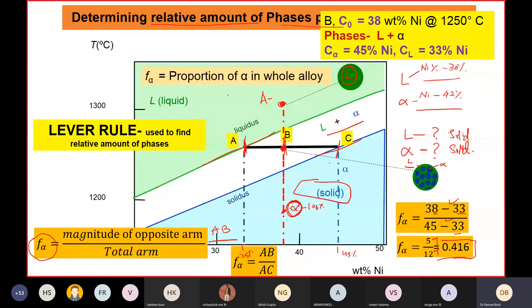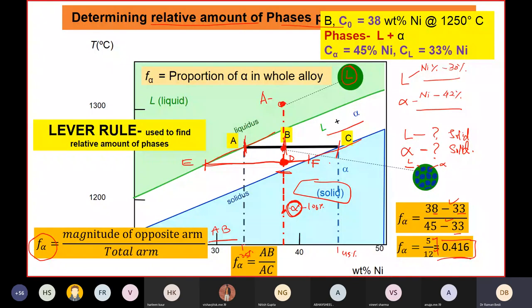So it can be easily seen that if you move downwards from B toward the solidus line, and if you have the constitution point here, if I say it is point D, we can very simply see that if the tie line is drawn here, and if it is E and F, and if I am now interested to find out the amount of solid alpha at point D, the basic diagram also tells me that it will be higher because you are solidifying.